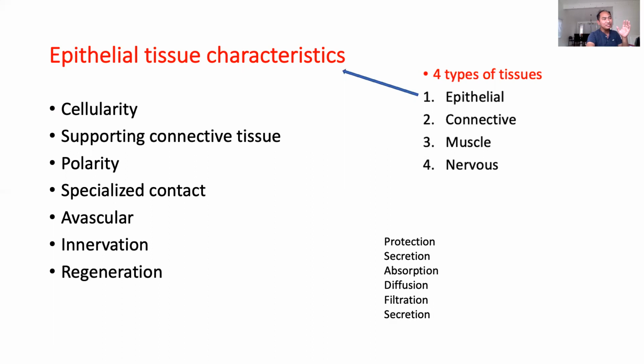Each and every cell contacts the others with specialized connections. They do not have direct blood vessels, therefore they are avascular, but they do have direct nerve supply, and therefore they are innervated. They have good healing potential, and therefore good regeneration power. So these are the characteristics of the epithelial tissue.